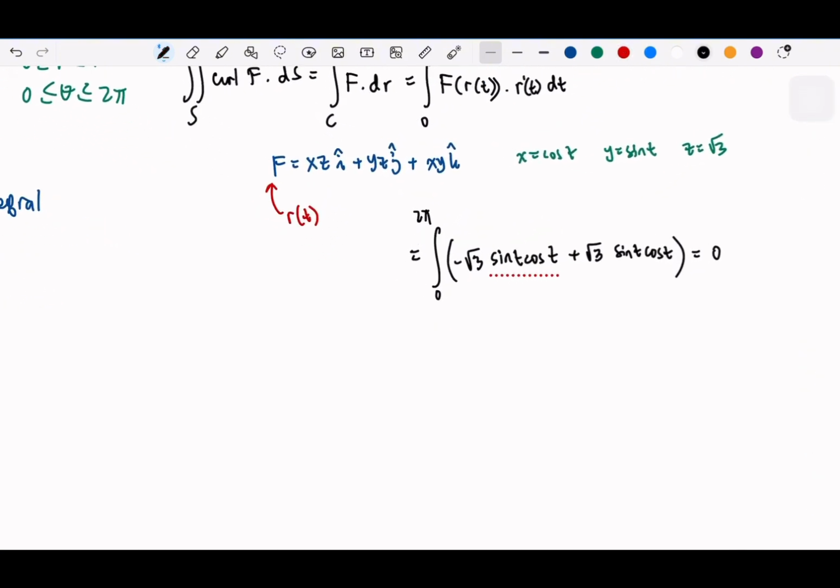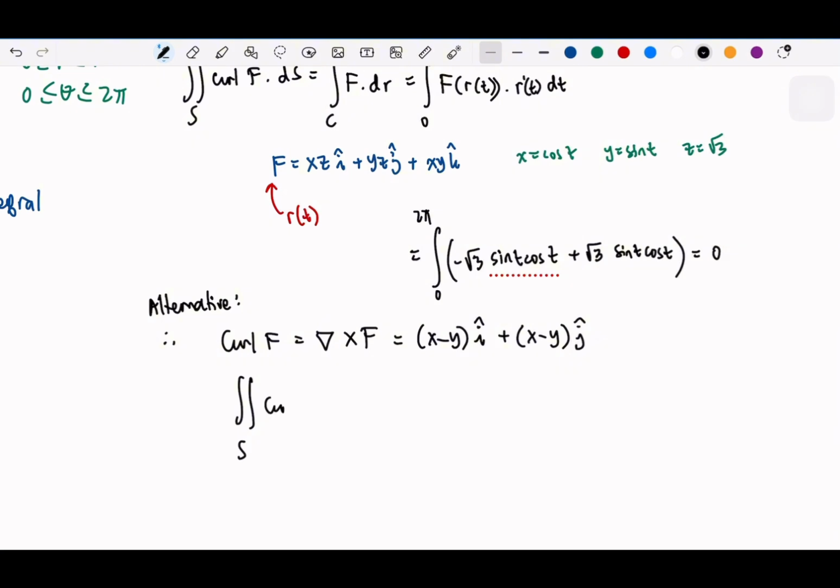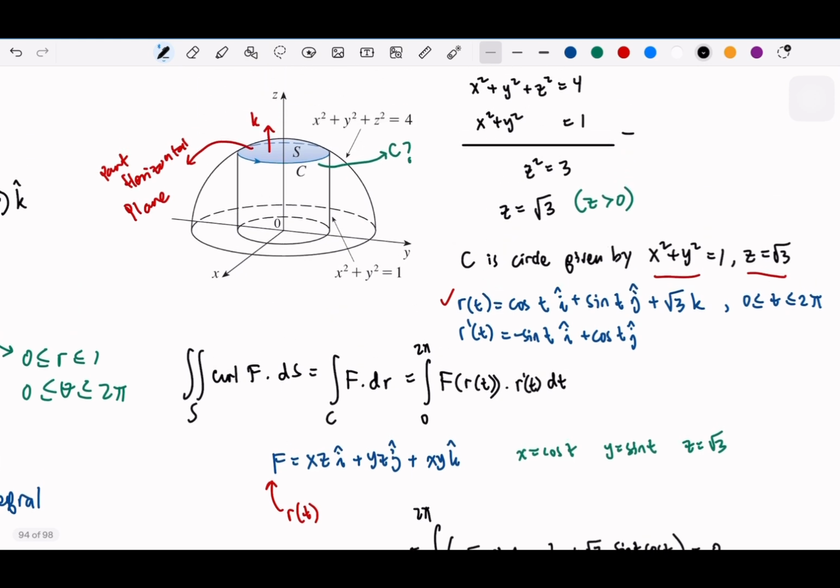So if we calculate the curl f, so this is the alternative. The curl f, so del cross f. After we calculate, we have this is x minus y. Okay, and then we can take this curl f, and suppose that this S, let's rewrite with S1.